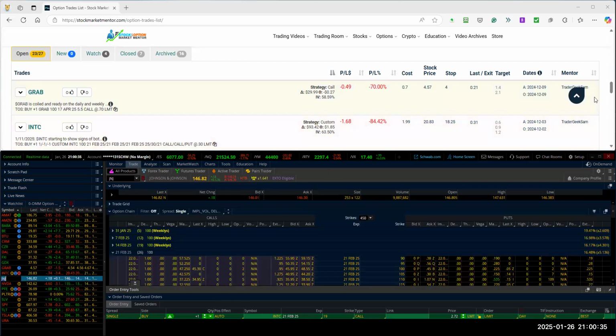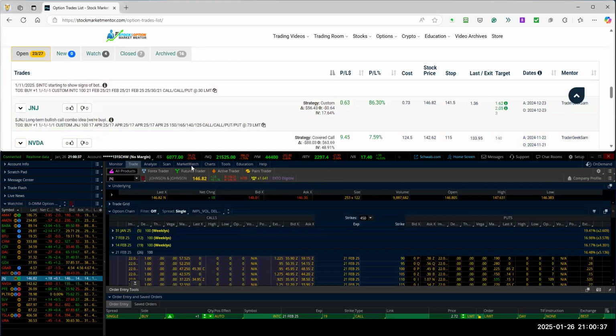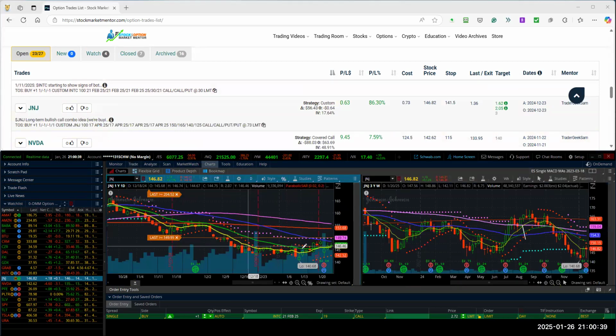J&J, let's see that one. Let's go back to the chart. Starting to look constructive. It looked really good on earnings, or at least pre-market, and then went down and came back up. So it's bouncing back, still below the 50-day, below the ATR trailing stop. So needs to get in gear.